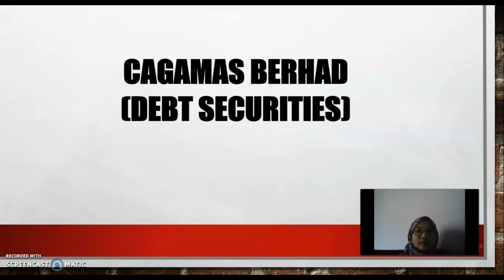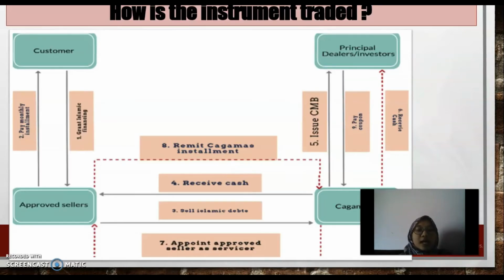Cagamas Berhad debt security. Firstly, how is the instrument traded? Firstly, the customer is granted Islamic financing by the seller and then the seller pays monthly installments to the customer.